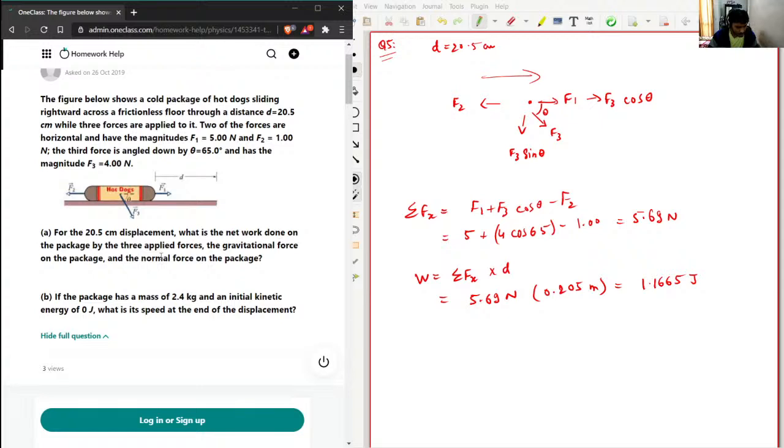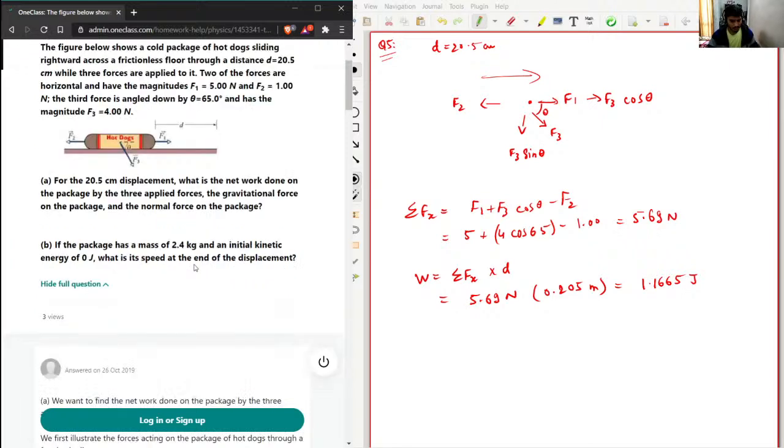Now the work done by the gravitational force on the package and the normal force on the package. They haven't calculated that, the net work done on the package by the three applied forces, the gravitational force and the normal force.